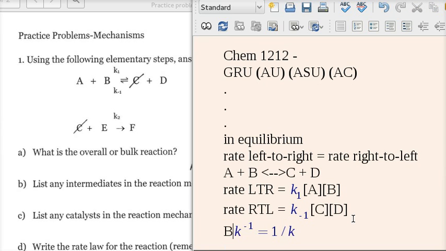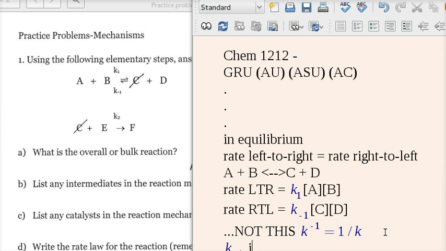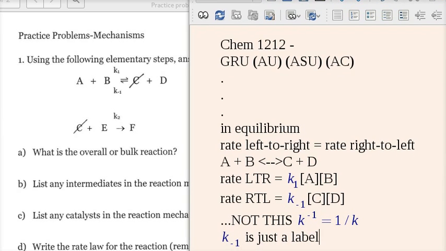No, not this. k sub negative 1, this is just a label. And it means whatever k is for the reaction in reverse. Usually it'll be given, or you just kind of write it and you don't know what the number is, but you just write it.